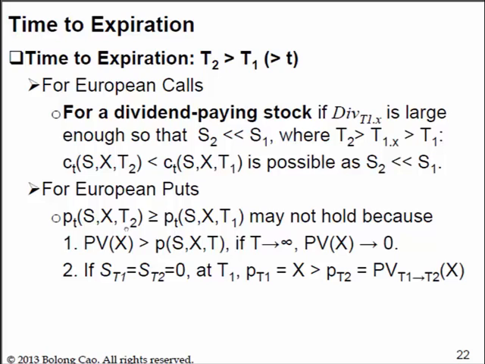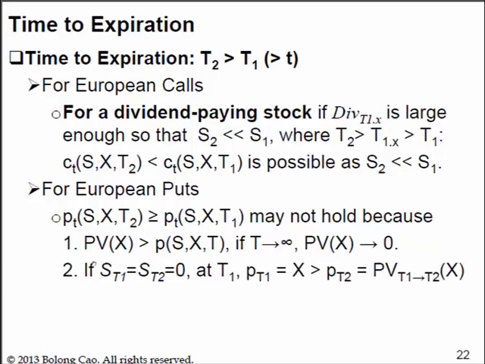So if the stock price becomes 0 on date T1 and will be 0 on date T2 as well, what's going to happen for the European puts? The European put with a closer expiration date has a value of X, but the European put option with a further away expiration date has a value of the present value of X on date T1. So that makes the European put option with further maturity date have lower value.